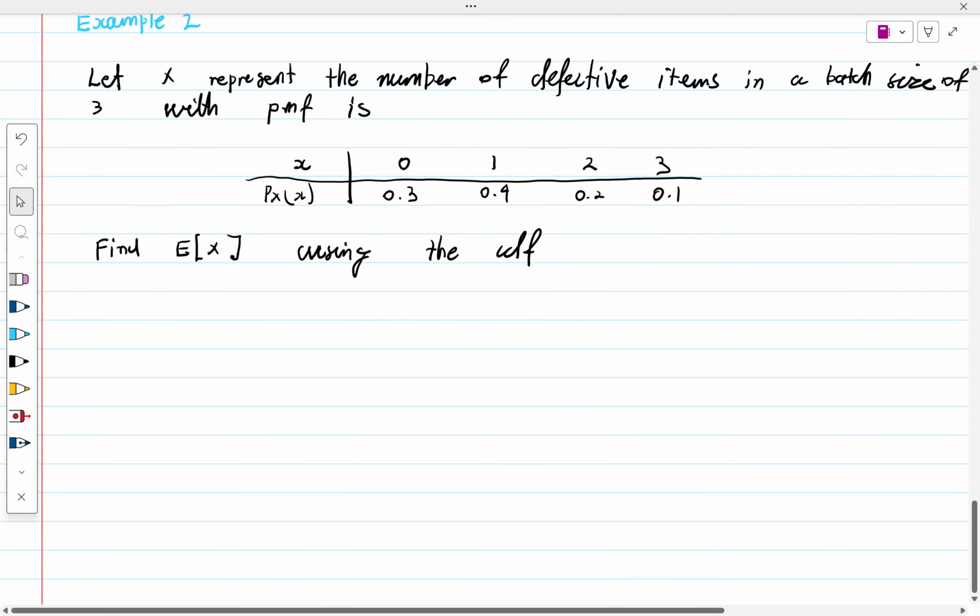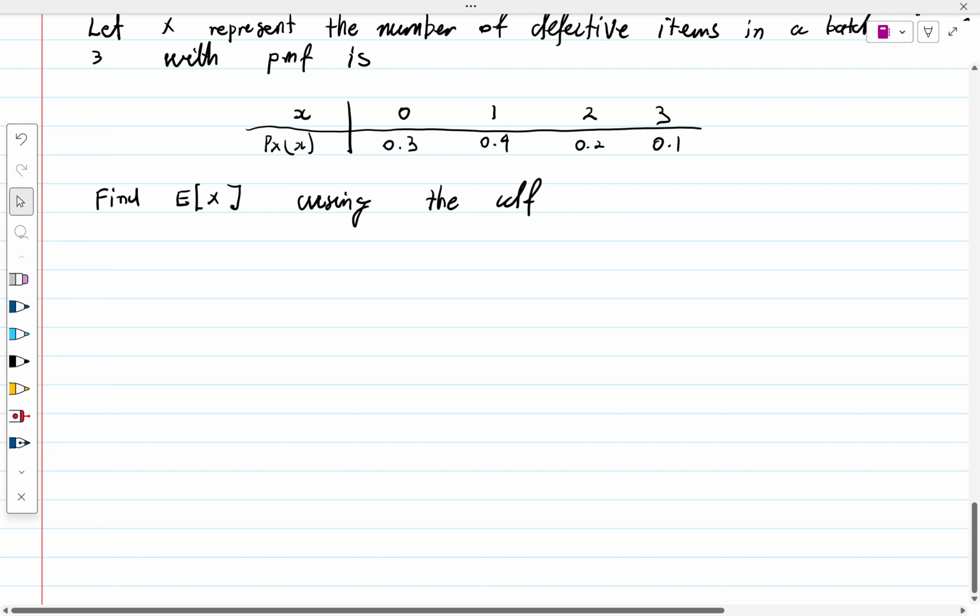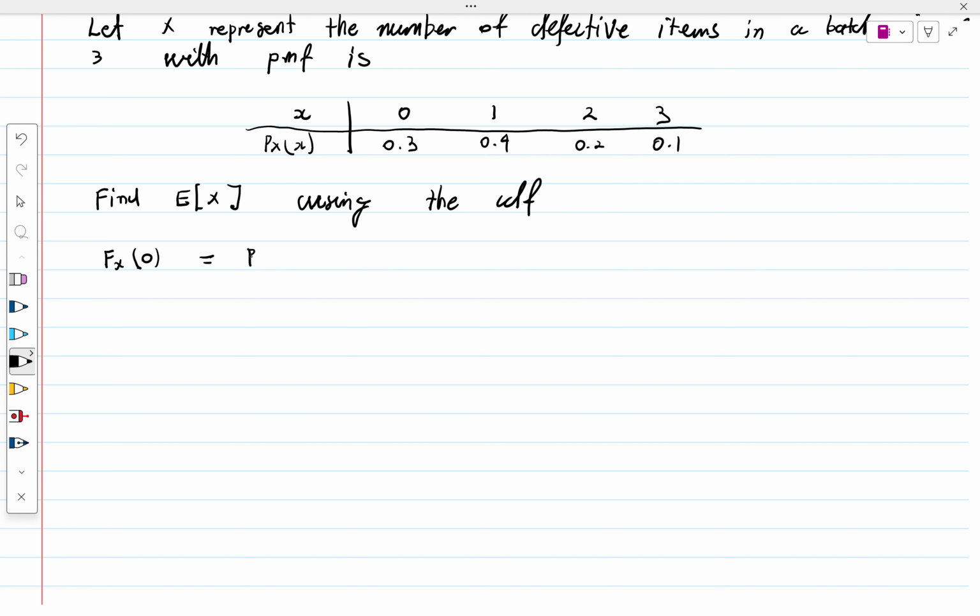So let's do that. The first thing to do in this particular example is to calculate the distribution function for each of them. So, for example, F_X of 0, which is the same as the probability X is less than or equal to 0, is simply equal to the probability X equals 0, which is 0.3.